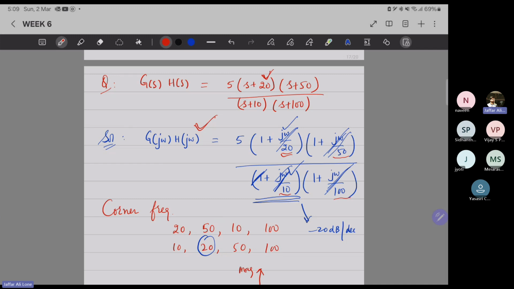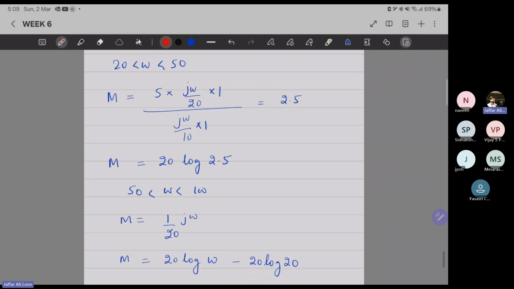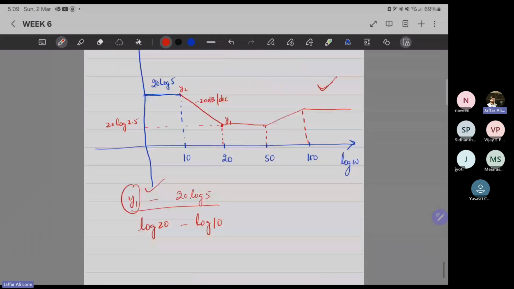So j omega terms including 10 and 20 can be included, and every other j omega term will be ignored, and only one will be considered. Right. So then you move step by step, find magnitude, find phase, and then you can easily draw it.